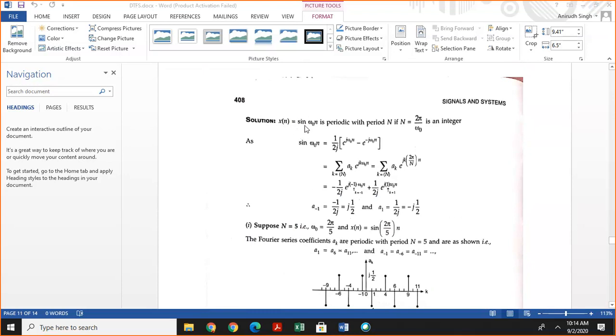x of n is equal to sine omega naught n is periodic with period N, where N is 2 pi by omega naught, an integer.